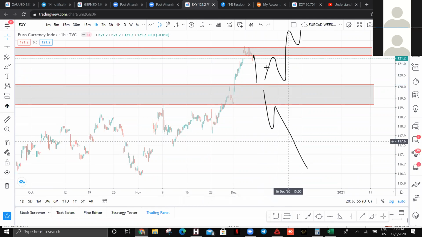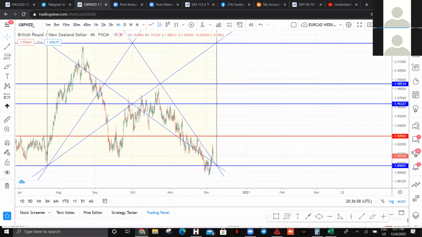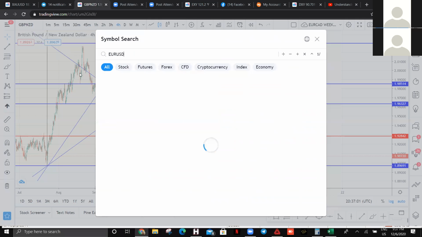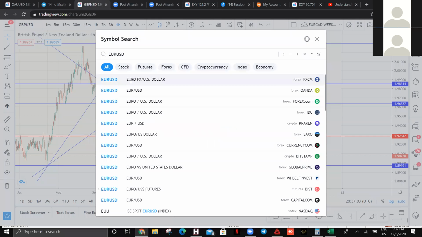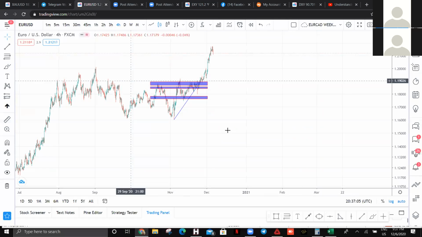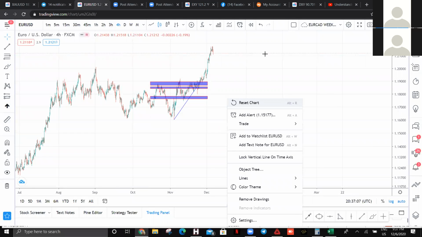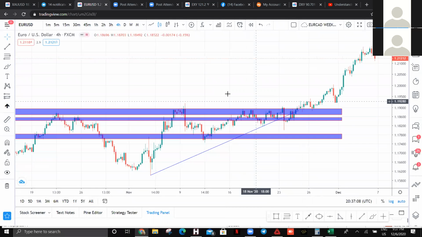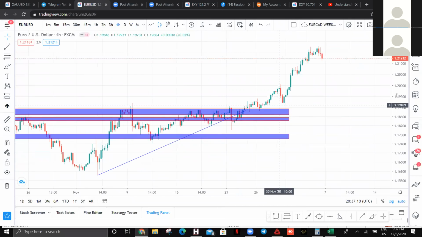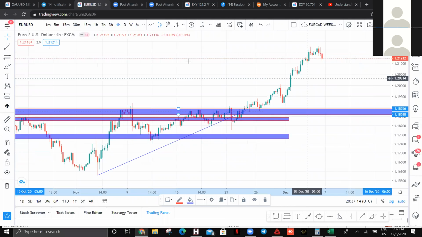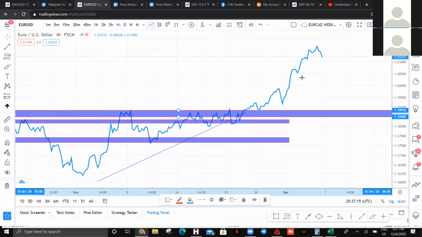So you now have a clear picture that Euro USD, let me go to Euro USD. Now we have a clear picture that if this happens, there's a tendency that Euro USD, there's a zone here. I've already seen it.